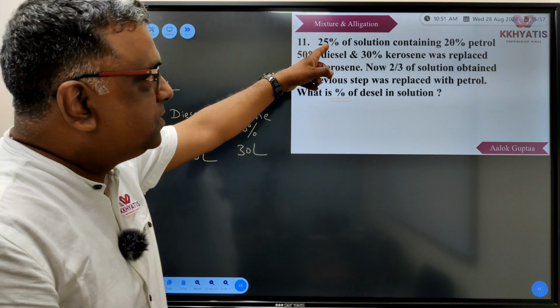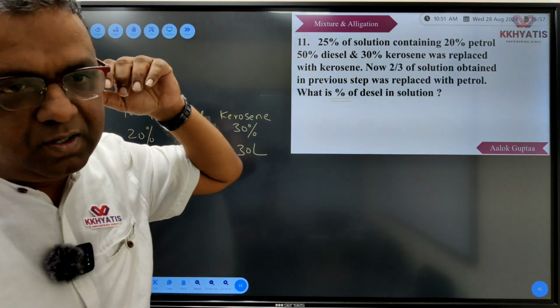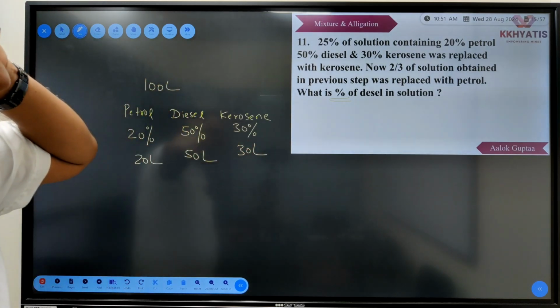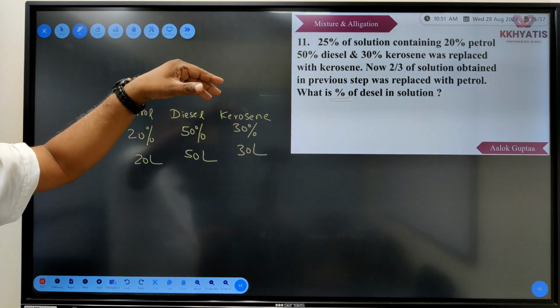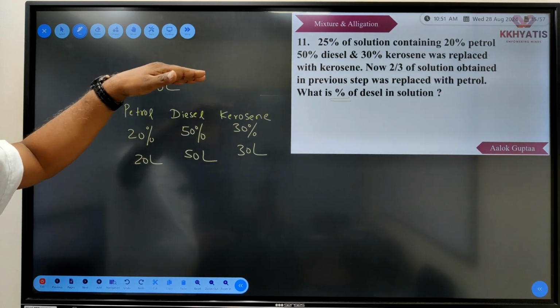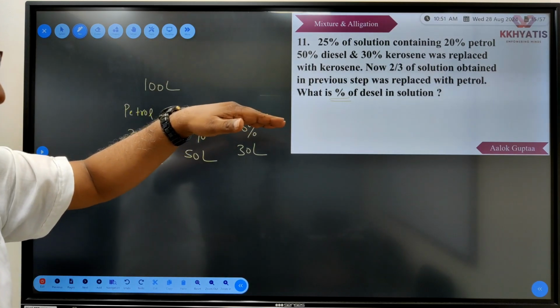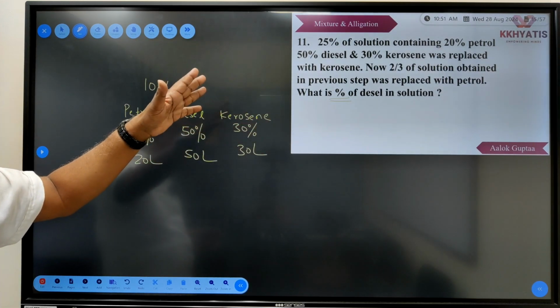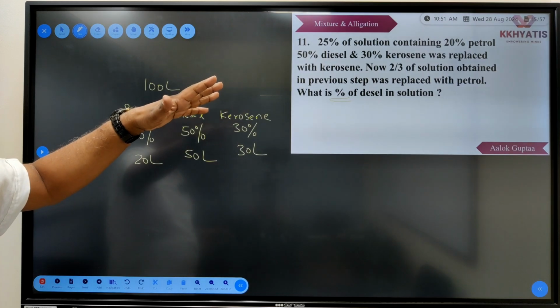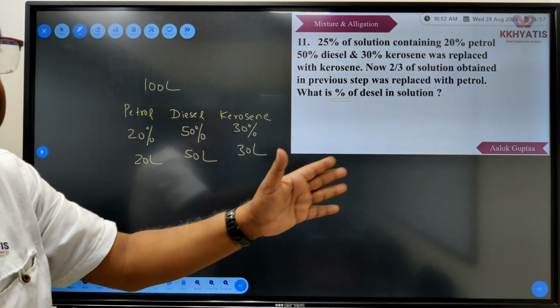Now 25% of the solution was replaced with kerosene, which means in the first operation, petrol and diesel are getting removed and replaced with kerosene. And in the second phase, we are replacing with petrol.